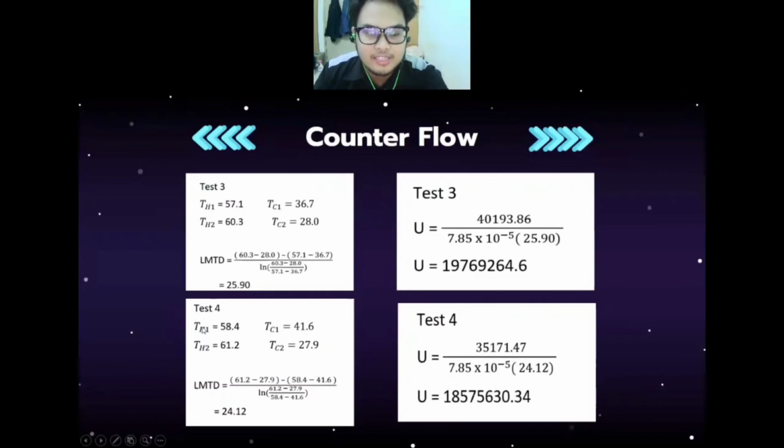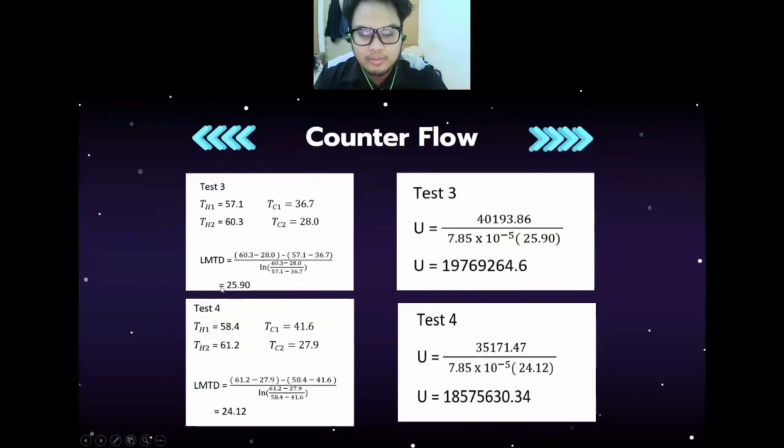For test 3 and test 4, it is also the same as the first two tests. With the information we have, TH1, TH2, TC1, TC2, we can calculate the LMTD. Then we can calculate the heat transfer coefficient.